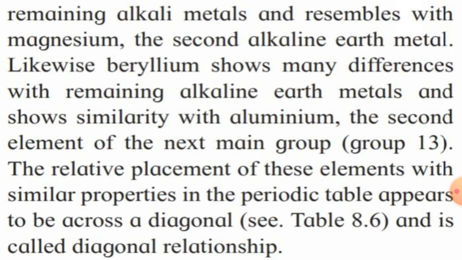So the relative placement of these elements with similar properties in the periodic table appears to be across a diagonal. Here diagonal means cross, and it is called diagonal relationship.